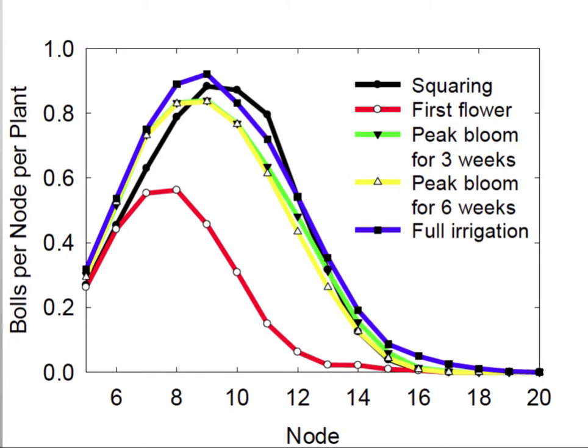If, on the other hand, you do it based on timing, you'll notice that if you cut off the water at squaring or late in the season, the boll distribution is actually fairly similar to what you get with fully irrigated. Now keep in mind our maximum yields here were about 3 bales, so as you get into 4 and 5 bale cotton, this changes a little bit. I would like to point out though, this is with that first square decrease in irrigation.